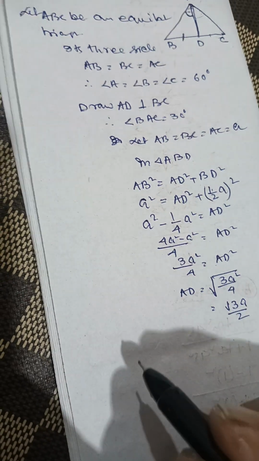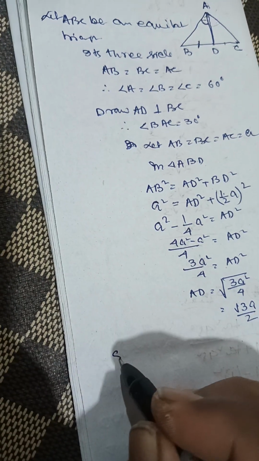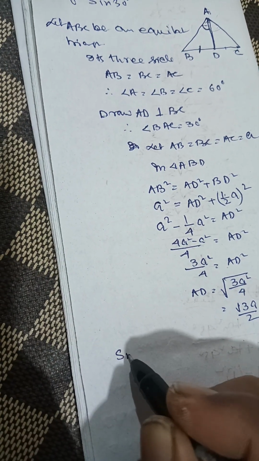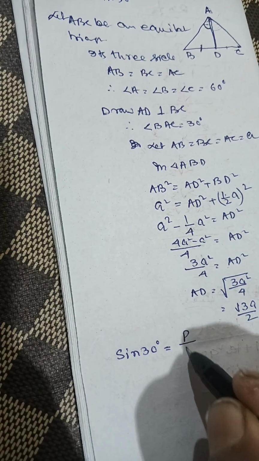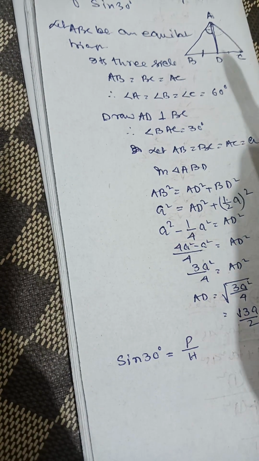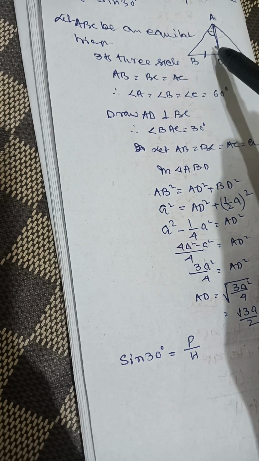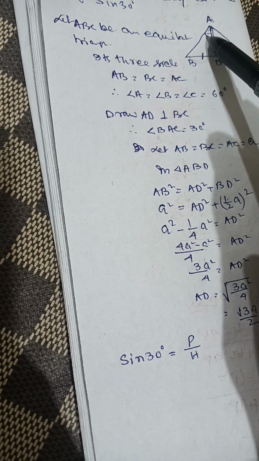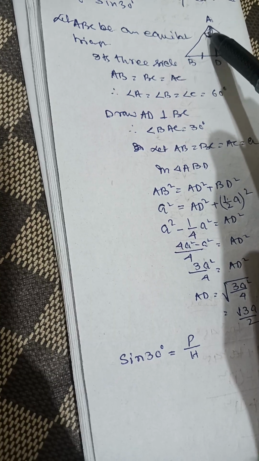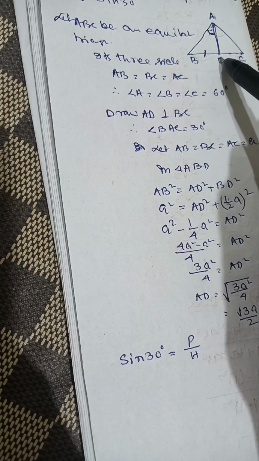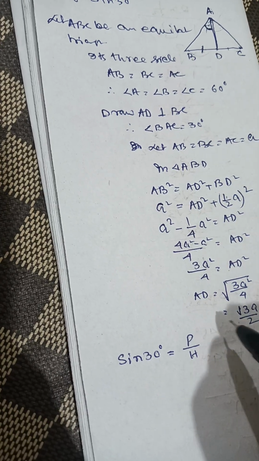Now you write sine 30 degree. We know sine 30 degree is P by H. So in right angle triangle ABD, you see this angle is 30 degree. So its opposite side BD is perpendicular.